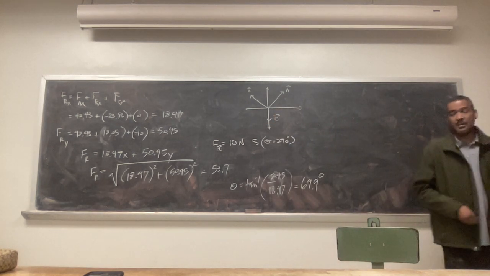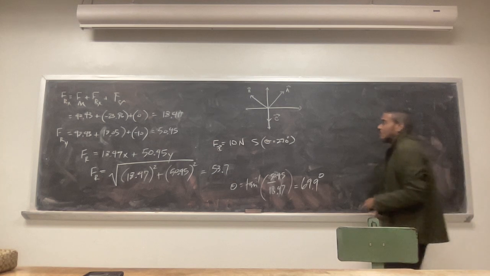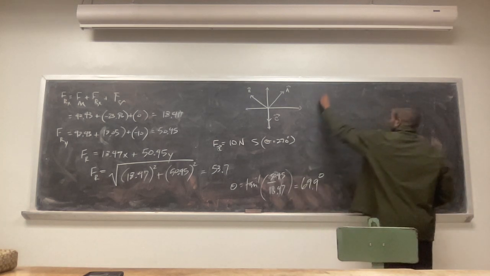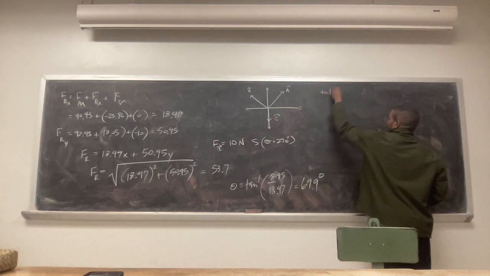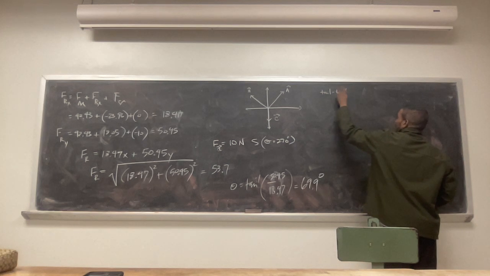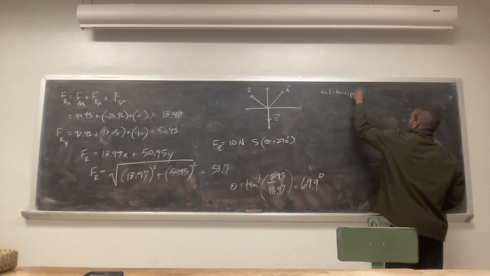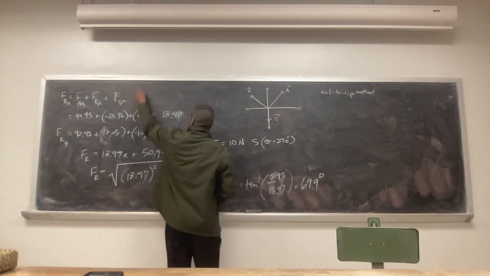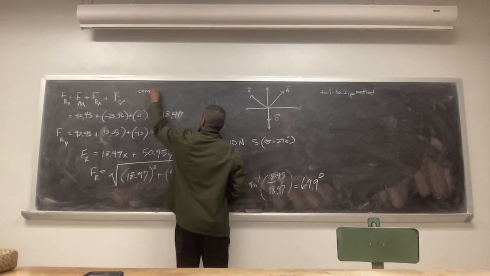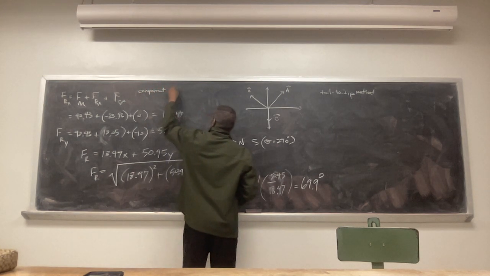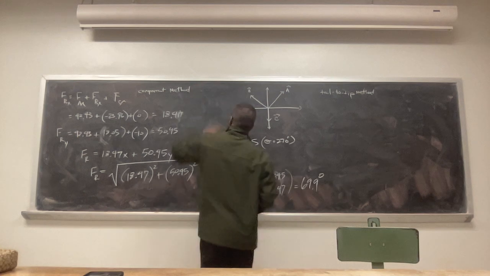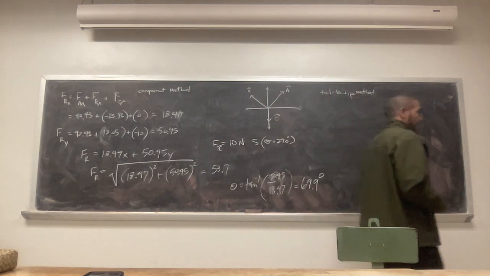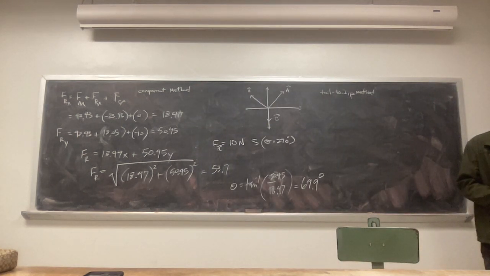So, the tail to tip method. This is the component method. And how does the tail to tip method work?